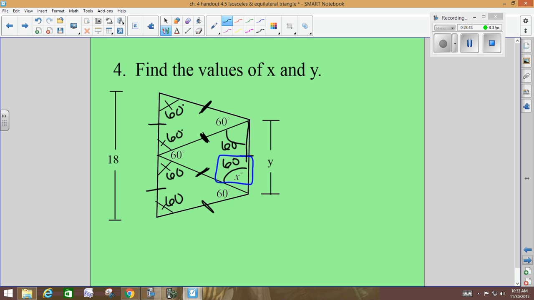Y is representing this length. Right, so what's the length of this side? See that? Together, these 2 are 18. So they're congruent. 18 divided by 2 gives me 9. So each side of our triangle is 9.